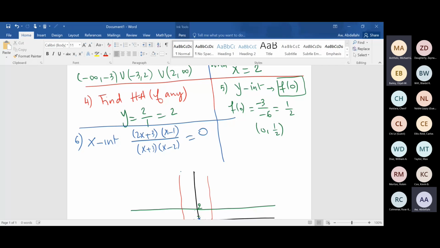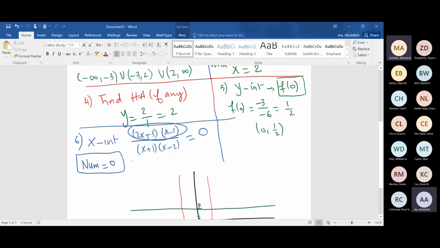The numerator. When a fraction is set to 0, the only one that plays is the numerator, because when you cross multiply, 0 times whatever is still 0, right? So you always set the numerator equal to 0. That is the x-intercept.